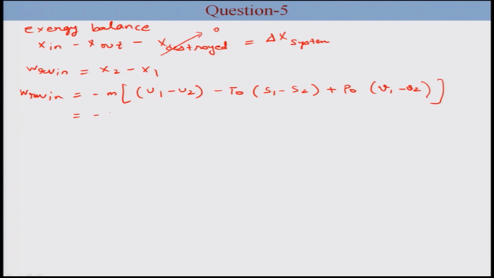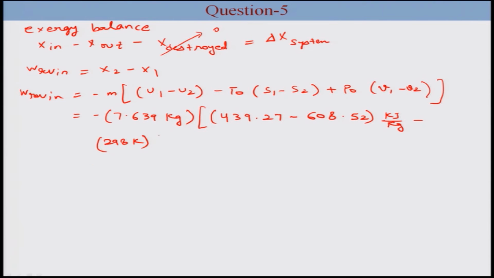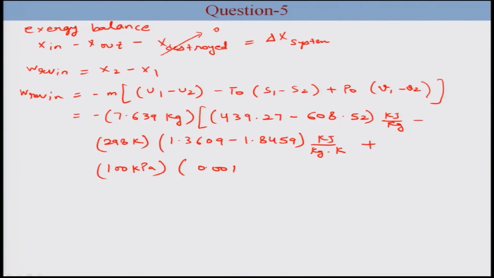So this is equal to minus 7.639 kg multiplied by U1 minus U2, which is 439.27 minus 608.52 kilojoule per kg, minus 298 Kelvin, which is T naught, times S1 minus S2, which is 1.3609 minus 1.8459 kilojoule per kg Kelvin, plus P naught times V1 minus V2, which is 100 kilopascal multiplied by 0.001047 minus 0.1176 meter cube per kg, and making the units consistent.